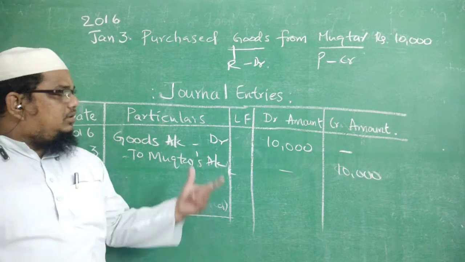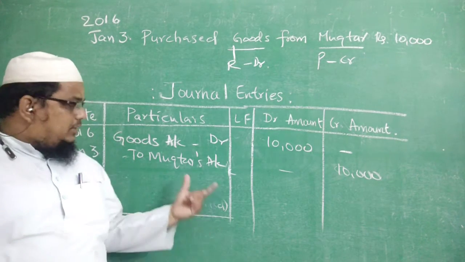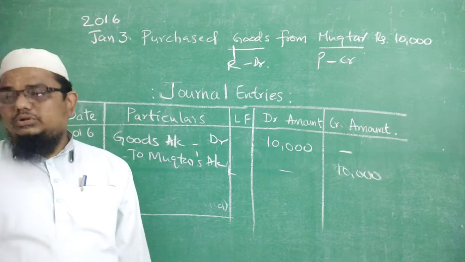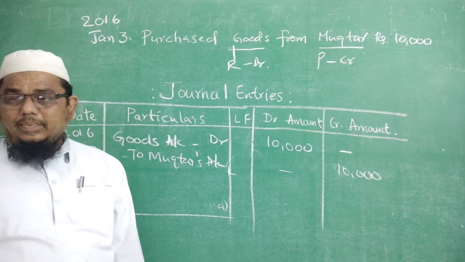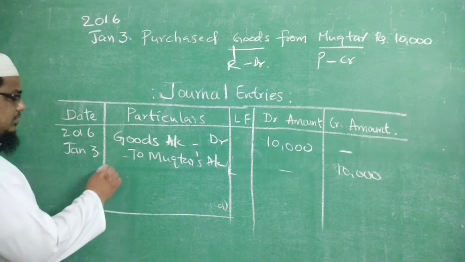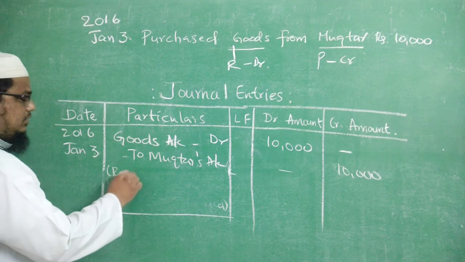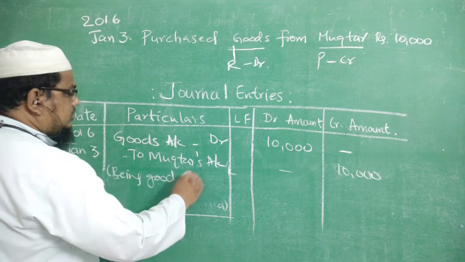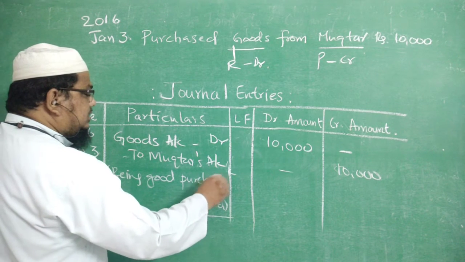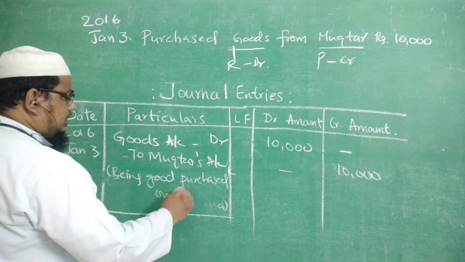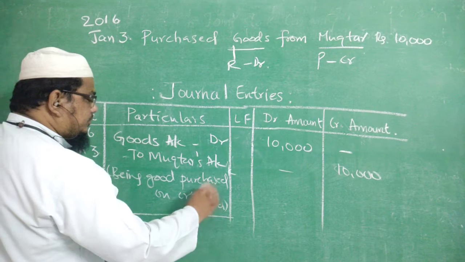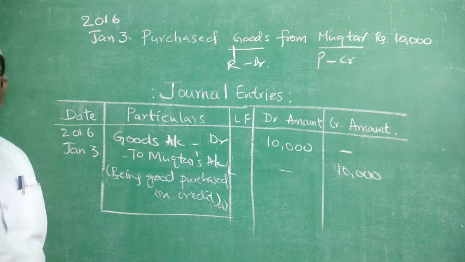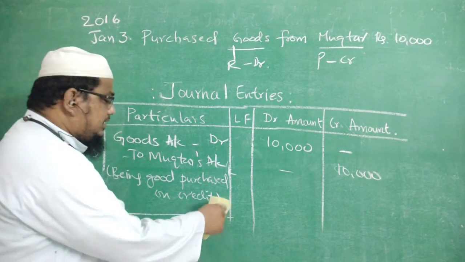So we are receiving goods of 10,000 and rupees 10,000 is due to Mukhtar. Now here, being goods purchased on credit. This is the narration.